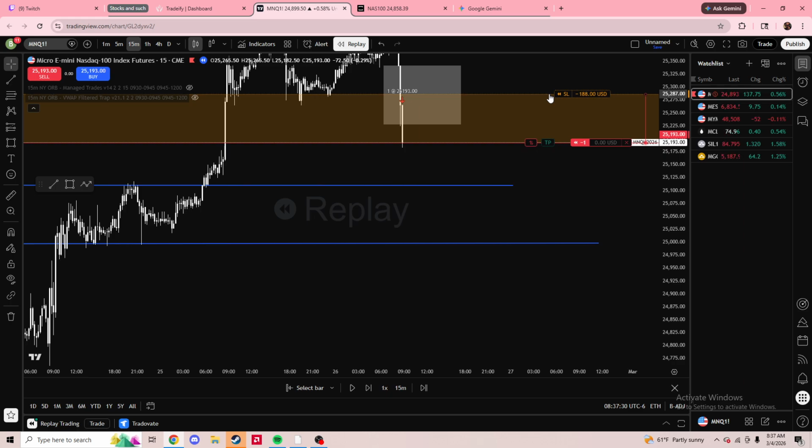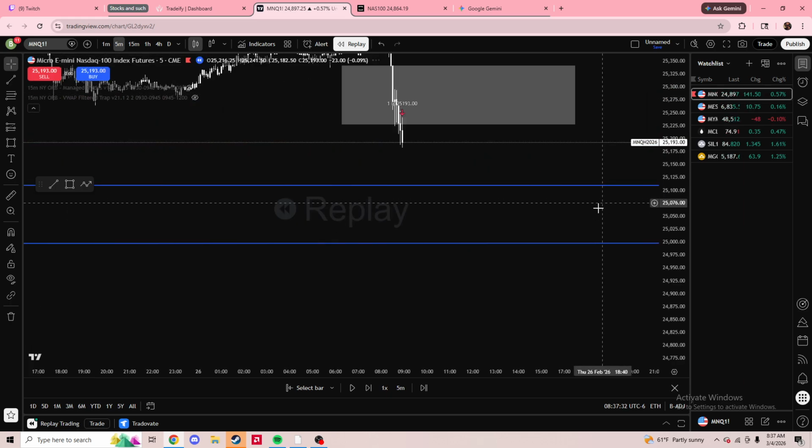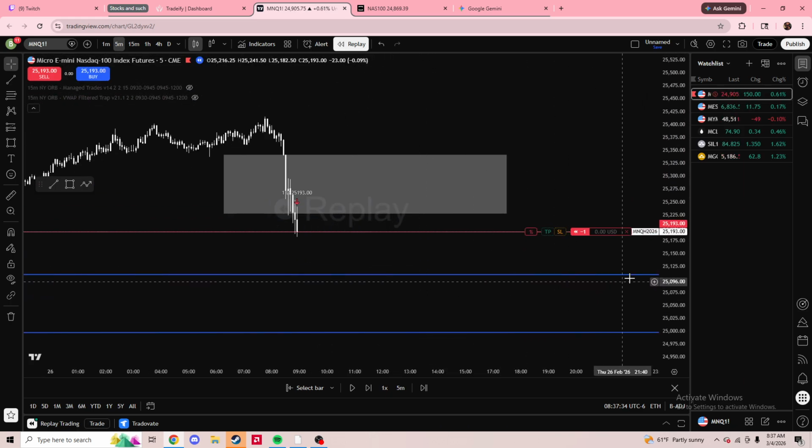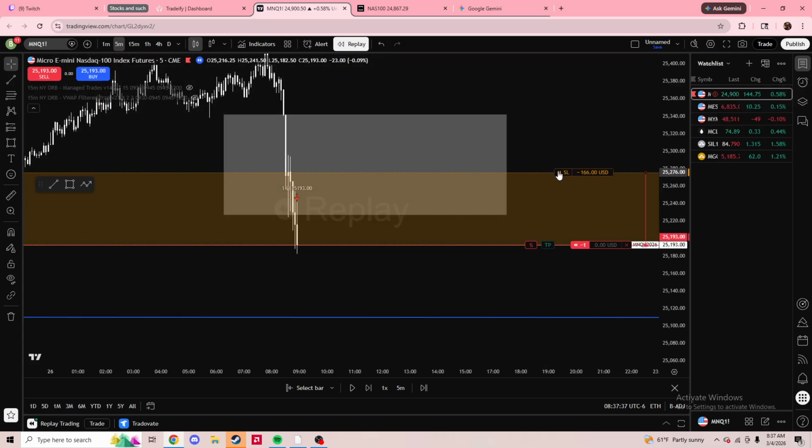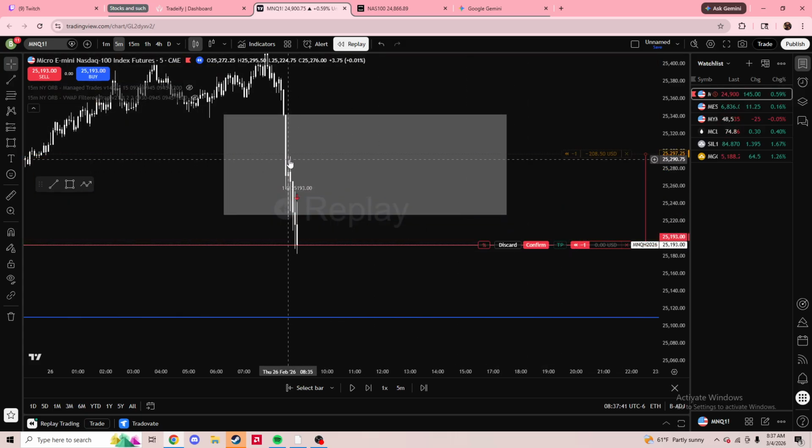So I usually like to set, like I said, my stop losses probably in the middle of the zone or above all the noise. This stuff right here, the stuff in the zone, I consider noise. This is above what I consider the noise.